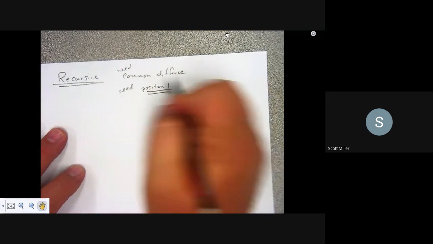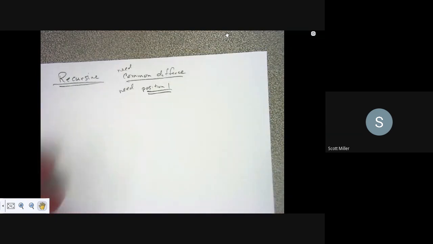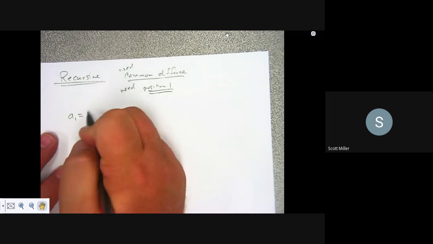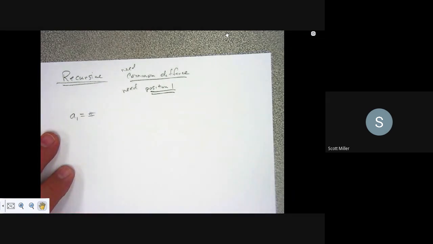So you need position 1 and you need the common difference to write a recursive rule. Okay? The recursive rule comes in 2 parts. There are 2 things you have to write the rule correctly. The first one is the first number in the sequence. So you have to establish the first number in the sequence. So you have to say a sub 1 equals whatever that number is. That is part of the rule.